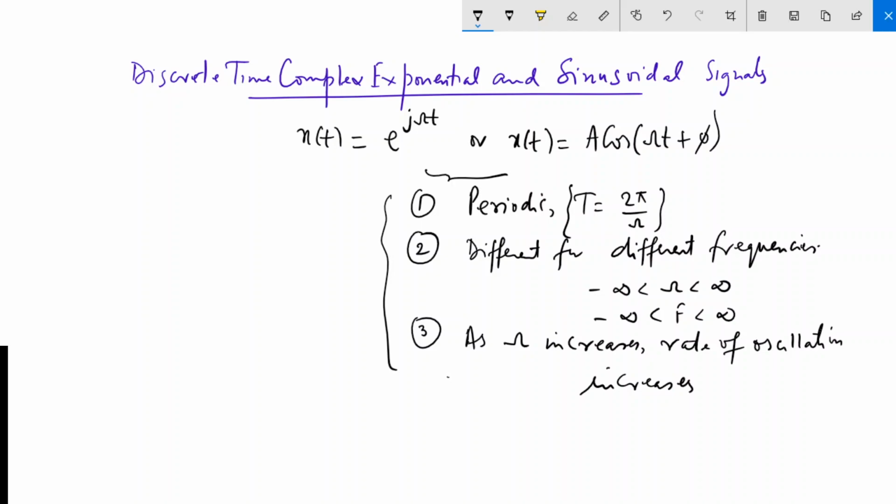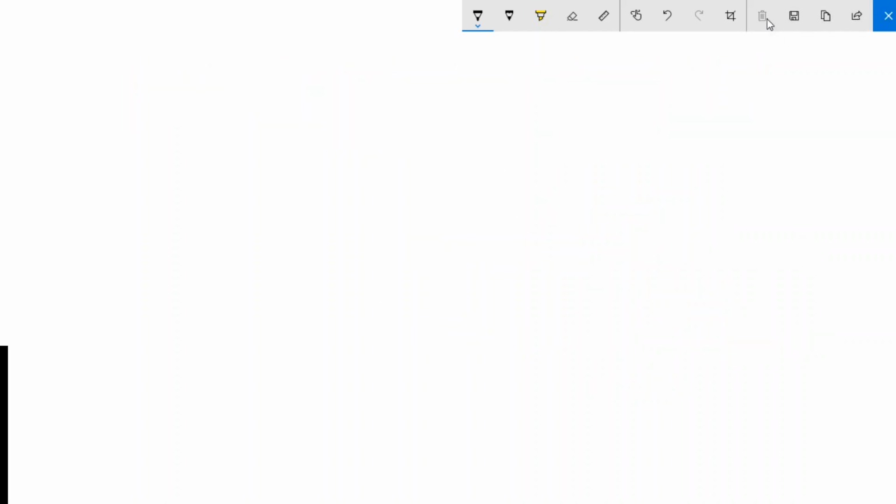First, they are always periodic with a time period of 2 pi by omega, and these signals in the continuous domain have infinite bandwidth. That is, for different values of frequencies you always get different signals, and as you increase the frequency, the rate of oscillation increases. Okay, now we will discuss the discrete case.